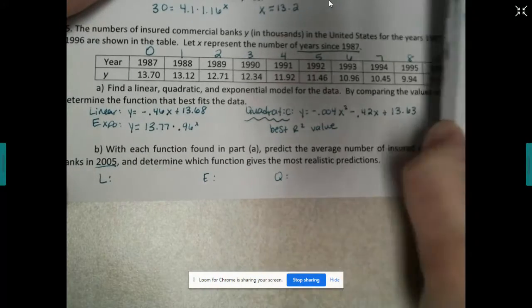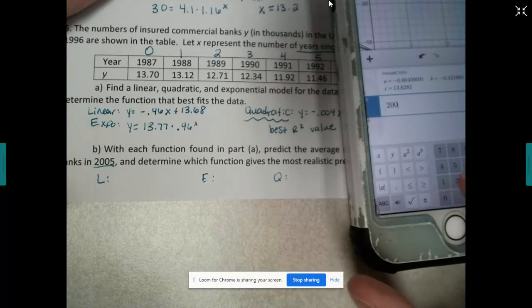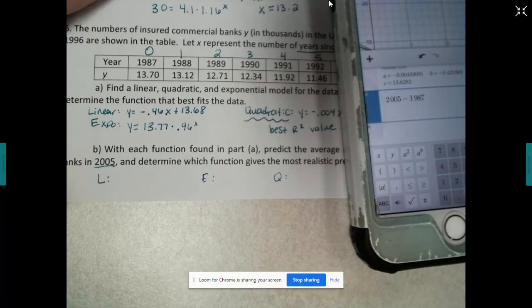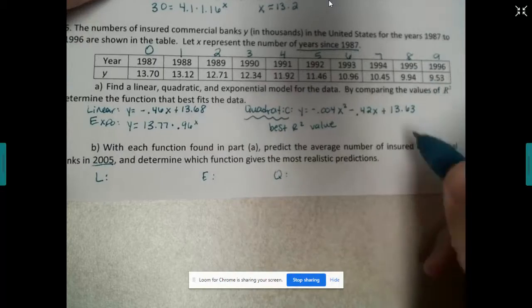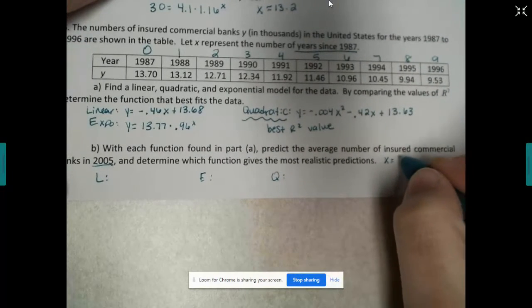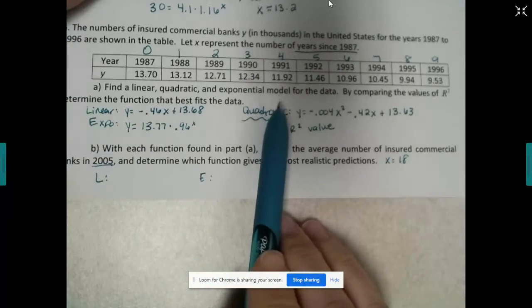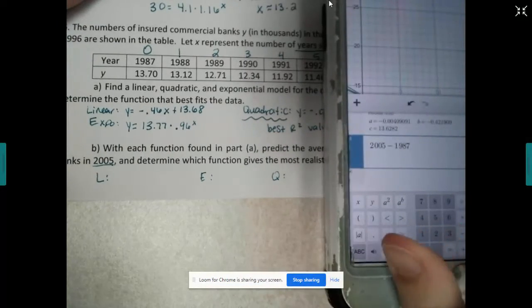We started in 1987. So if I do 2005 minus 1987, I'm looking at 18 years later. So what I want to do is take 18 and plug that into my x values in all of my equations and see what we get.